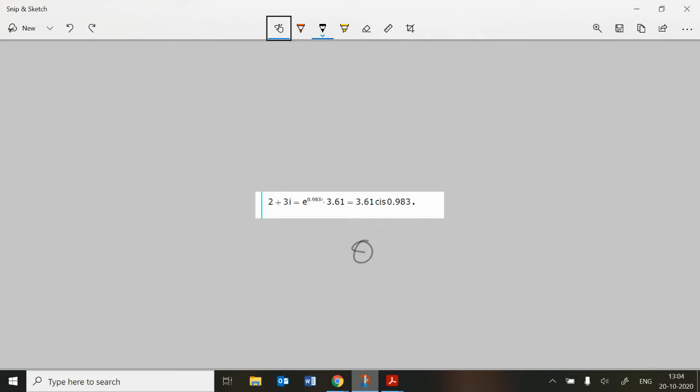Okay, so when it puts it in polar form, it doesn't put it in the modulus argument form, which is kind of what they're asking for. It puts it in a different polar form, which is Euler's polar form. Okay, so you need to recognize that this power is your theta, and this is your modulus. This is the size of the complex number which we have, and then you will create this thing here.